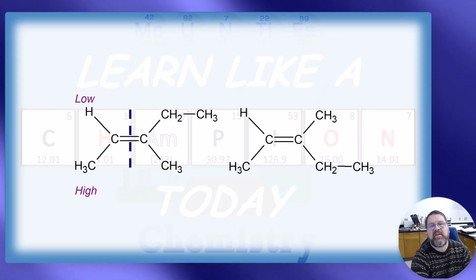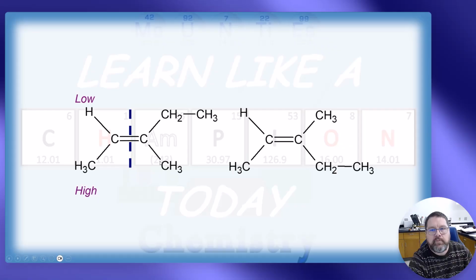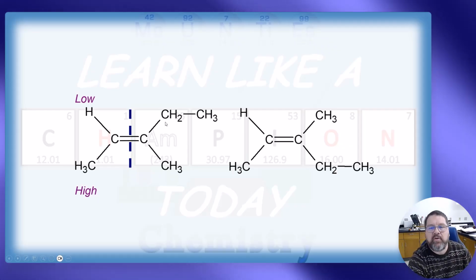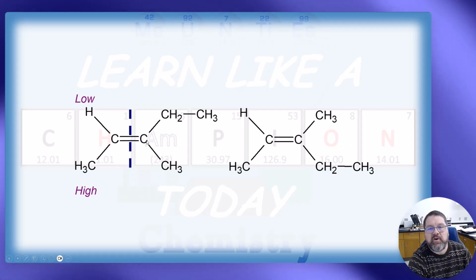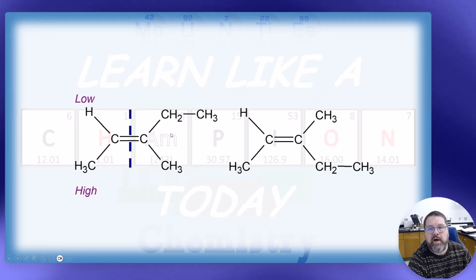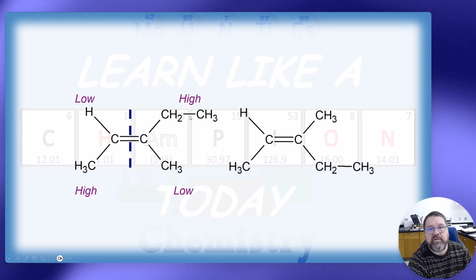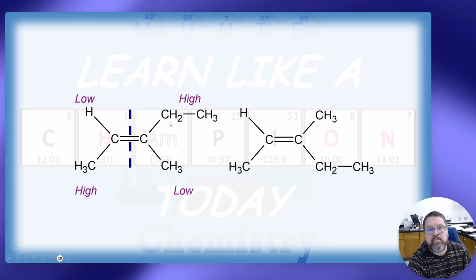So because of that, actually it's the second atom out from the vinylic carbon position, the top structure takes precedence because this carbon is attached to another carbon, whereas the bottom carbon is only attached to 3 hydrogens. So the high priority group is the one on top.